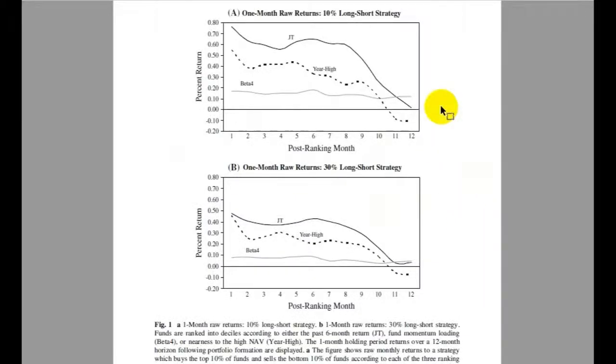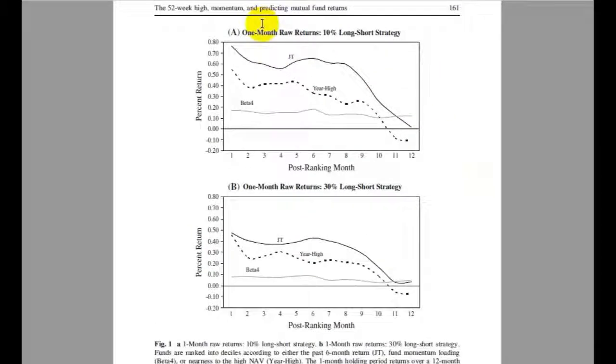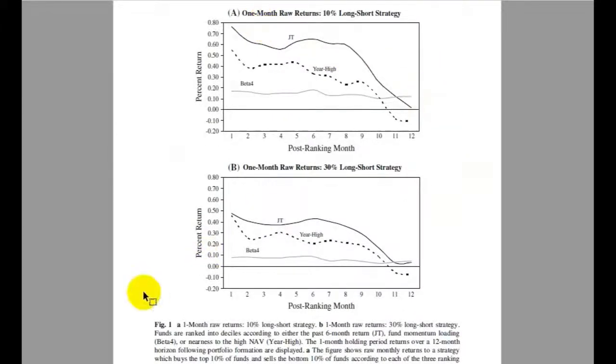So next, the authors have summarized graphically in this figure 1 the excess returns of being long the top 10% for each of the ranking methods and being short the bottom of each of the ranking methods, and the difference between those two. And so this is JT, the Jagadish and Titman past 6-month return.